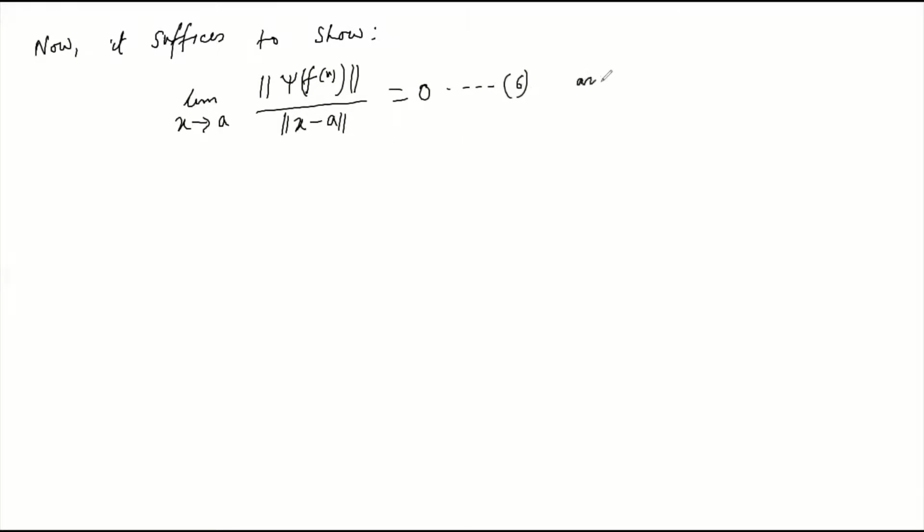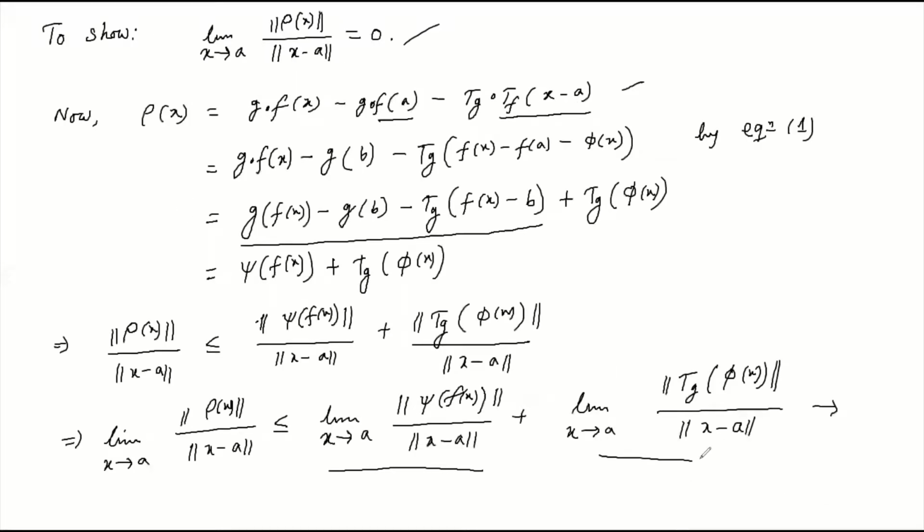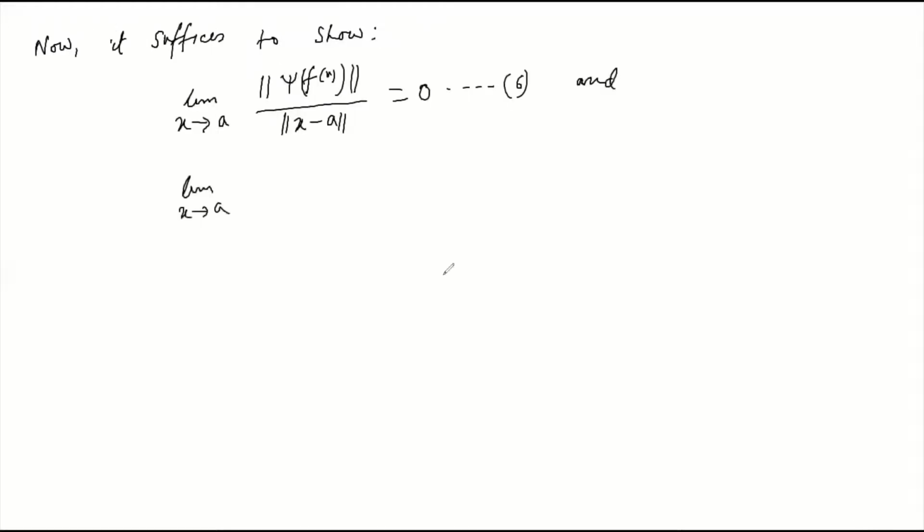And limit x tends to a, norm of Tg acting on phi of x over norm of x minus a, this is equal to 0.